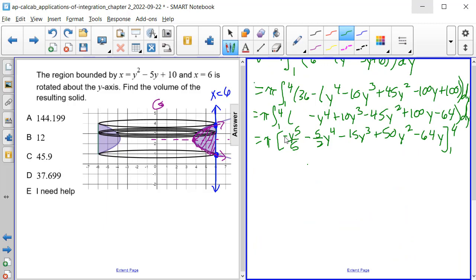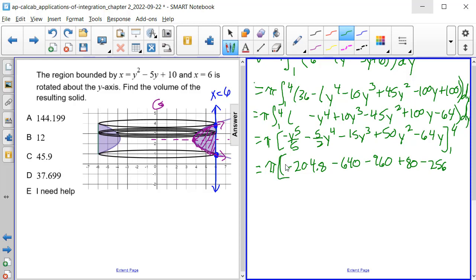If we have negative y to the 5th divided by 5 evaluated at 4, we'll end up getting pi times negative 204 and 8/10, minus 5/2 times 4 to the 4th, which is 640, minus 15 times 4 to the 3rd, which is 960, plus 50 times 4 squared, which is 800, minus 64 times 4, which is 256.